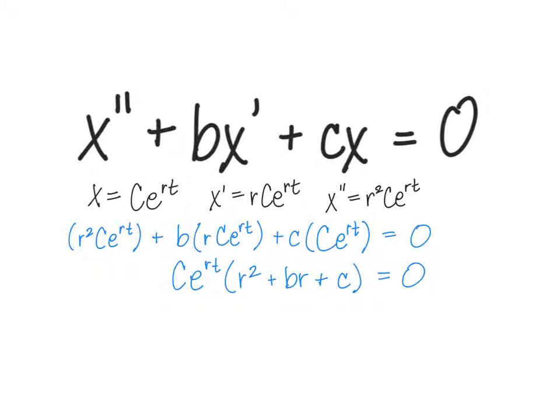And so we're looking for the roots of this characteristic equation in order to solve this differential equation. And just like any quadratic equation, there are 3 possible scenarios. One is that we have 2 real roots. Another scenario would be where we have 1 repeated root. And the final scenario would be where we have 2 complex roots.